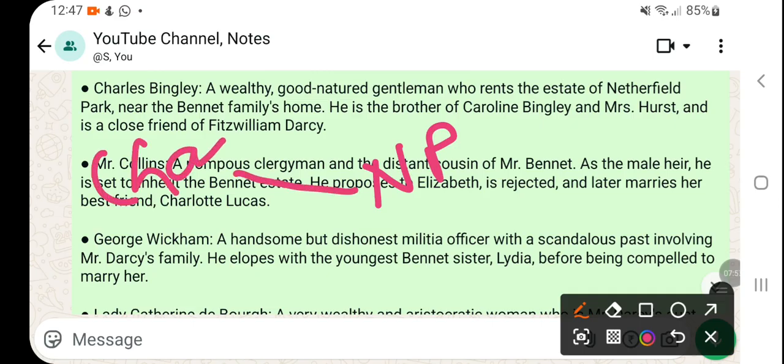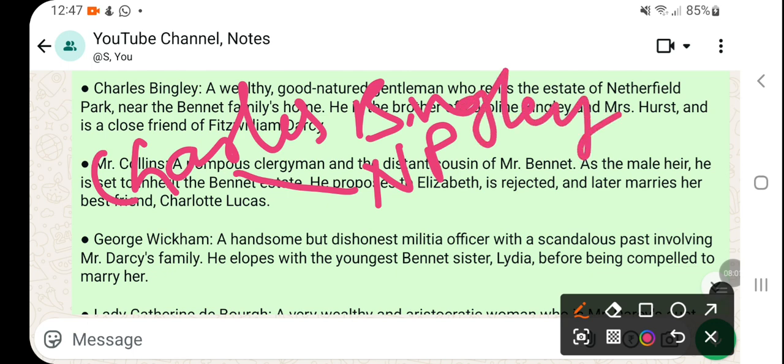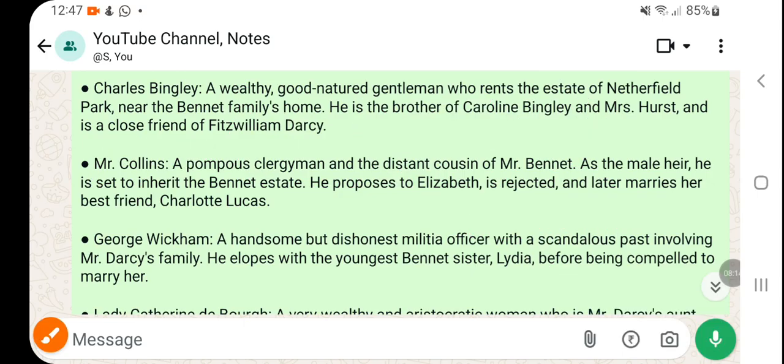Charles Bingley, right? And his sister Caroline Bingley, and one more sister, Mrs. Hertz, and their close friend Fitzwilliam Darcy.